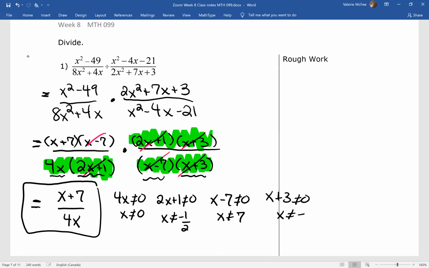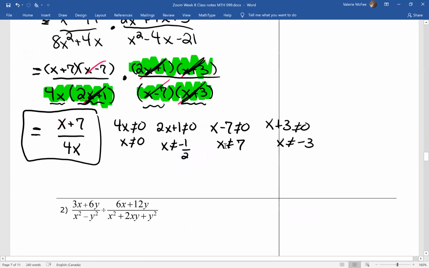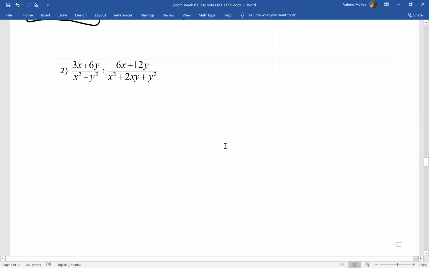X cannot equal -3. I've already used the factor 2x plus 1. I've already used the factor x plus 3. We have 4 restrictions for this question. Another one for you. Pause your video, give this a try.